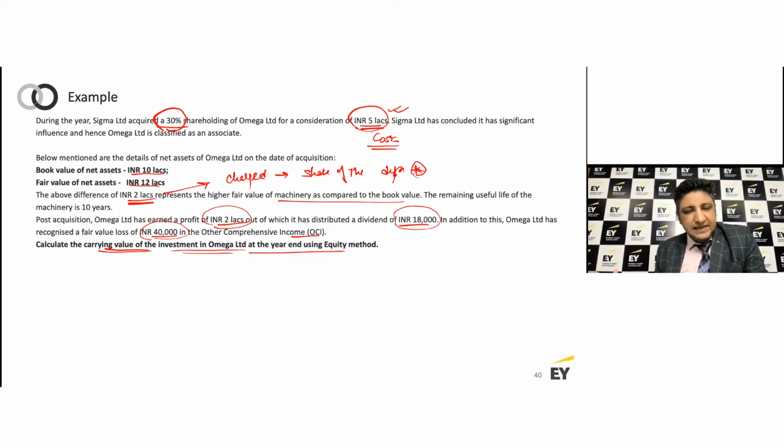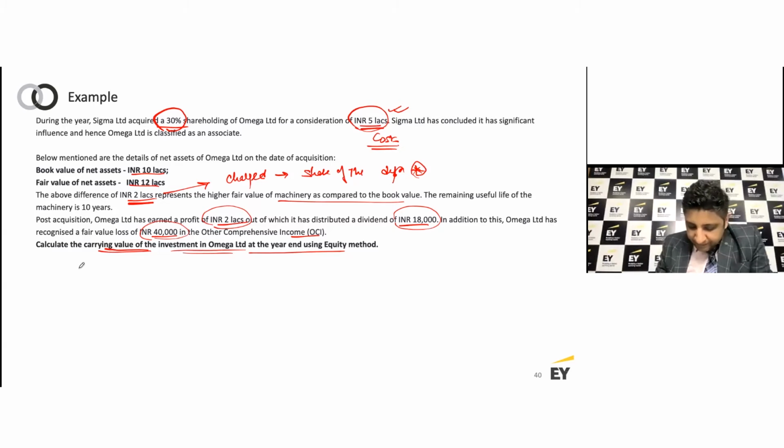The concept is exactly the same as we have done in case of consolidated financial statements. There is no difference between the two. It is just that you're looking at your respective share of the change. Okay, so how do we go about it?